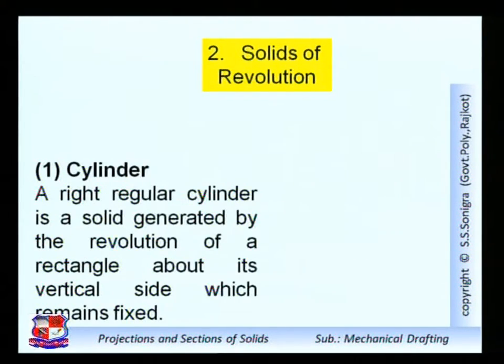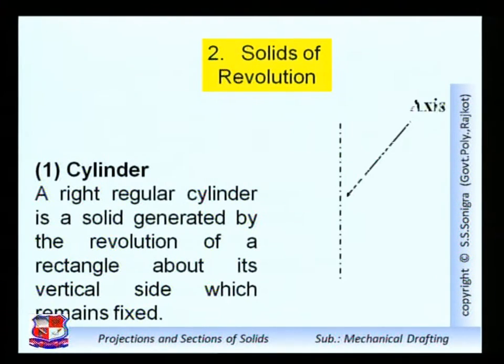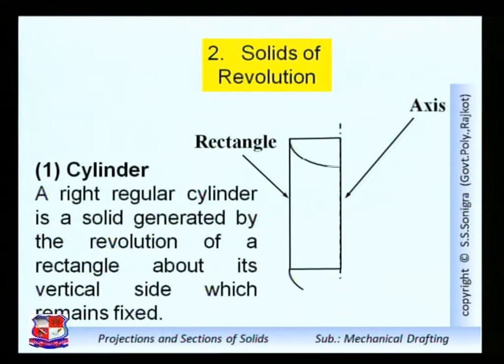Now, cylinder. What is a cylinder? A right regular cylinder is a solid generated by the revolution of a rectangle about its vertical side, which remains fixed. One side remains fixed like this. This is the axis of the rectangle.